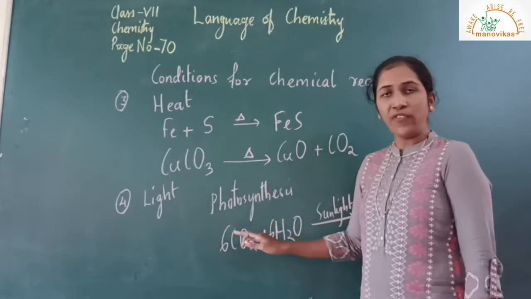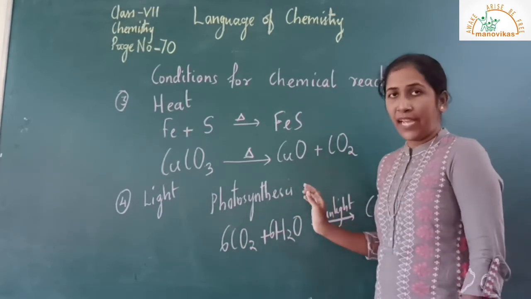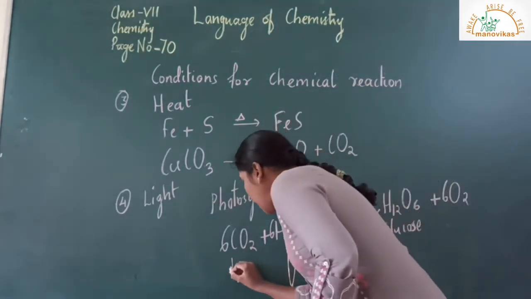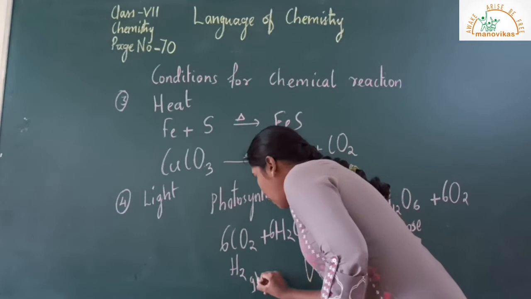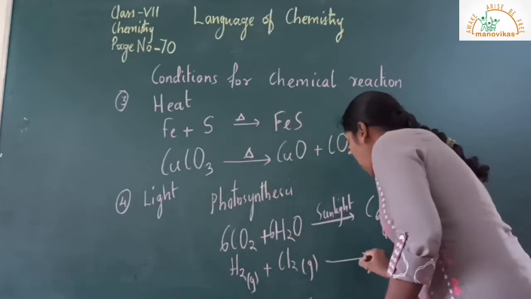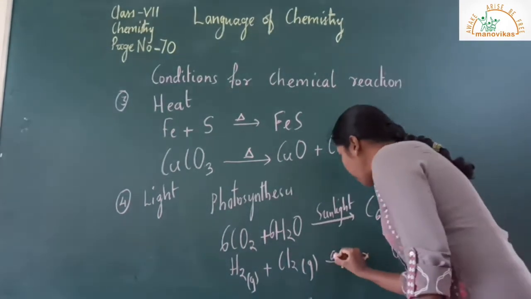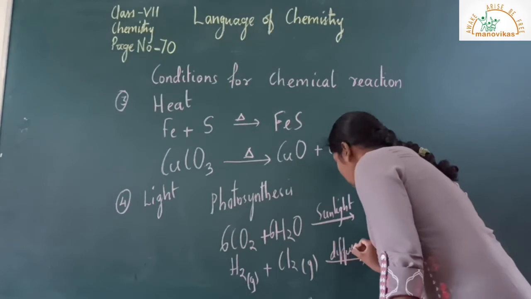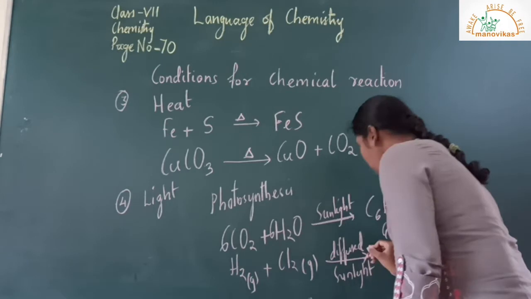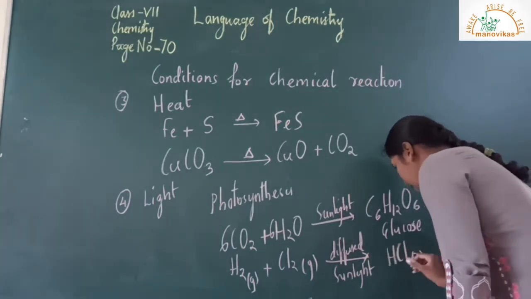Light is one more factor which is essential to carry out this chemical reaction. Similarly, I can take one more example. Hydrogen gas, when it comes in contact with chlorine gas in presence of diffused sunlight, that is partial sunlight, what I will get is hydrogen chloride gas.